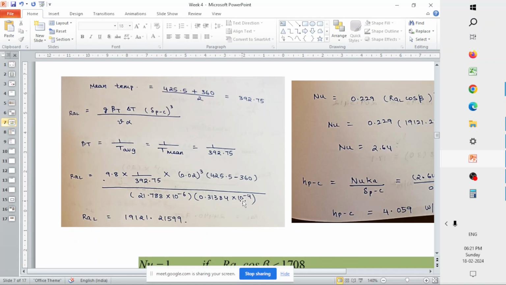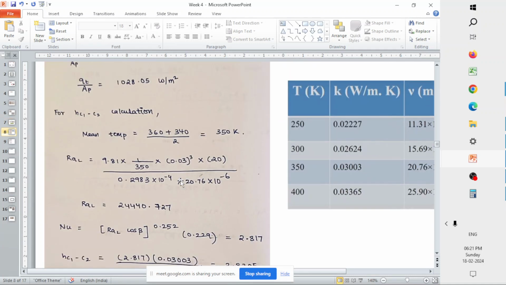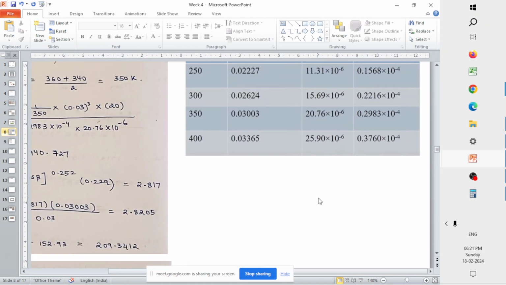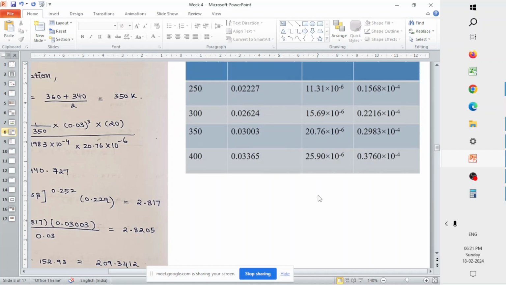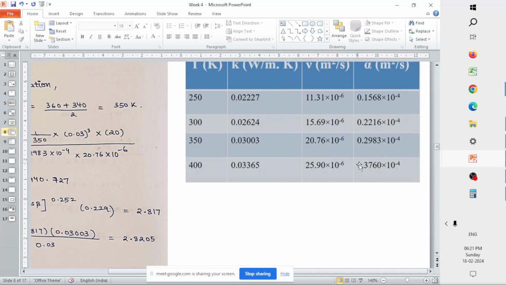How you actually get these values is you have to do an interpolation. You have to assume that the variation of thermal diffusivity, momentum diffusivity and your thermal conductivity is a linear function of your temperature, and then from there you are supposed to calculate all the three values.